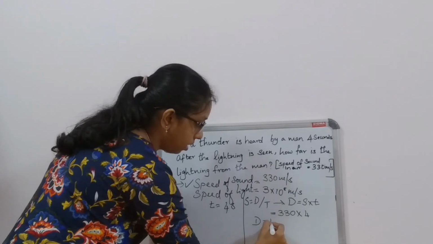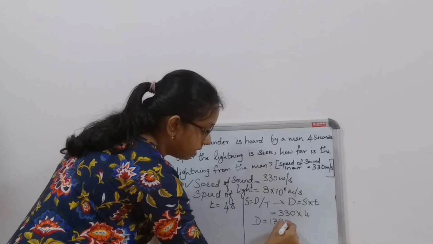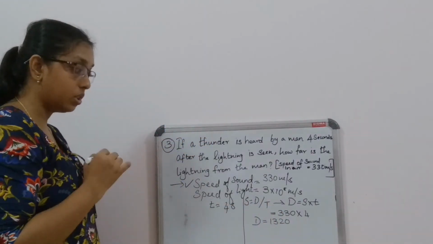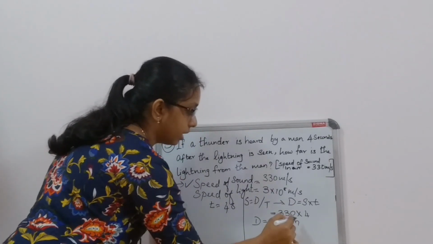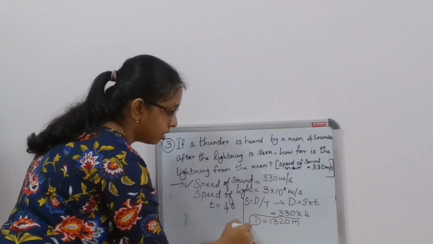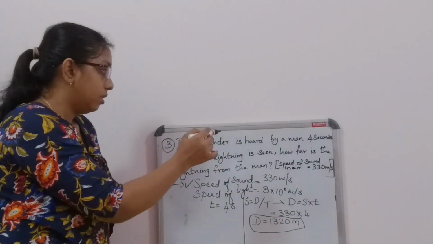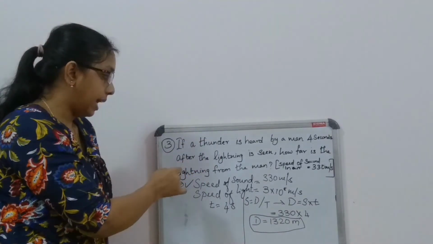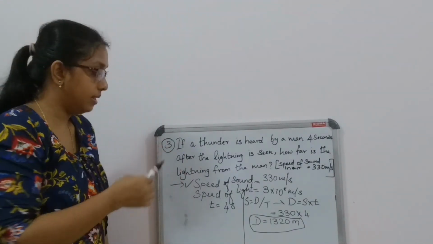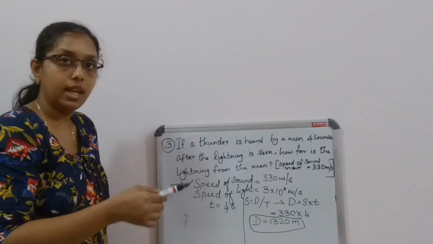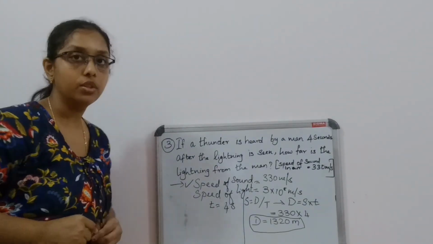That means after multiplying you will get 1320. What is the unit of distance here? Meter. Okay, so you got the distance, that is how far the lightning is from the man. The distance between the lightning and the man is d is equal to 1320 meter. Okay, I hope you understood this question.